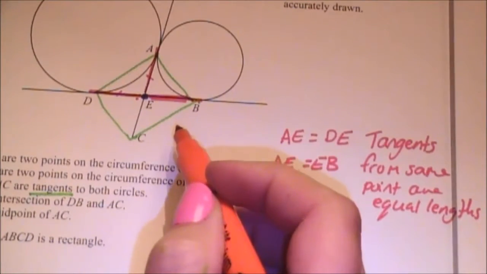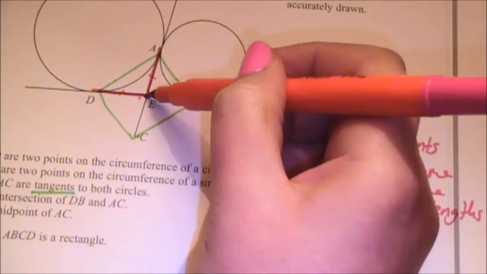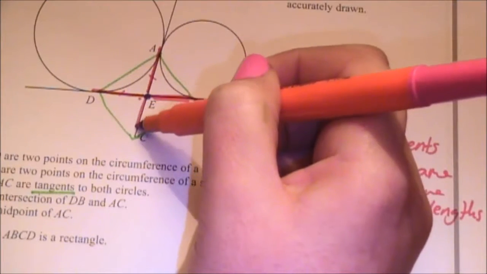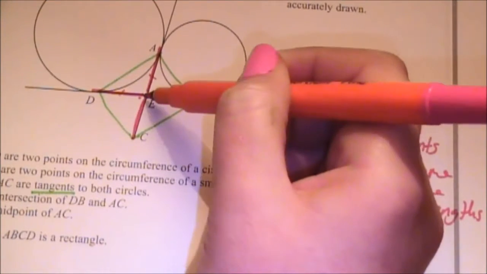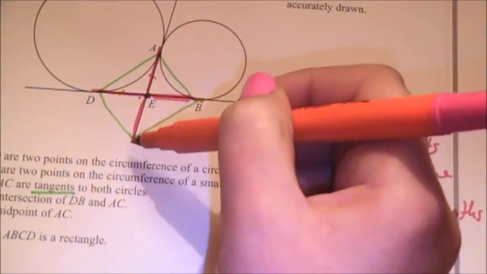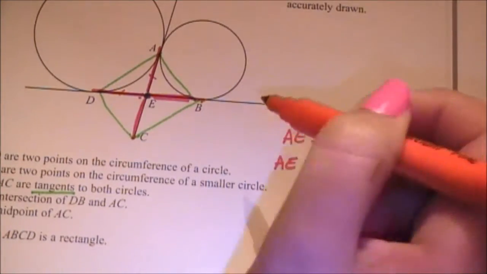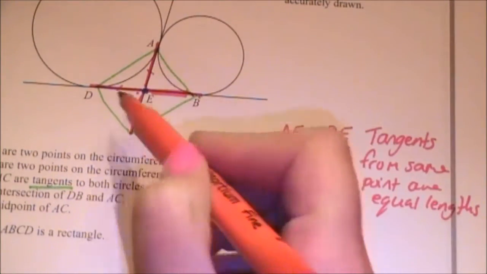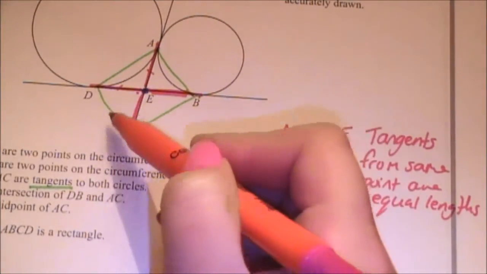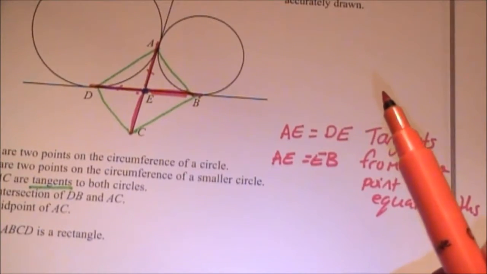As I'm talking about midpoints, I was told in the question that point E is the midpoint of this line here, AC. So if E is the midpoint of that line, and E is the midpoint of this line, and these lengths are all the same, then what I end up with are diagonal lines to my rectangle that are of equal length and they bisect one another.